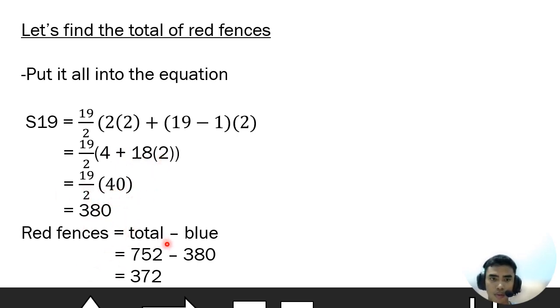So the red fence total is the total minus blue, as I said before: 752 minus 380 equals 372. This is the perfect number of red fences, although the decimal was kind of tricky. Let's move on.